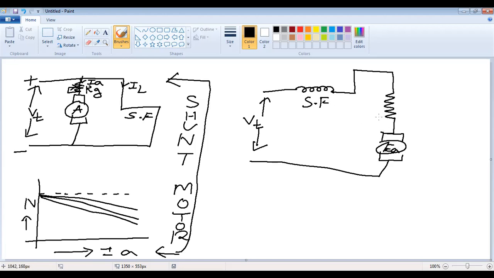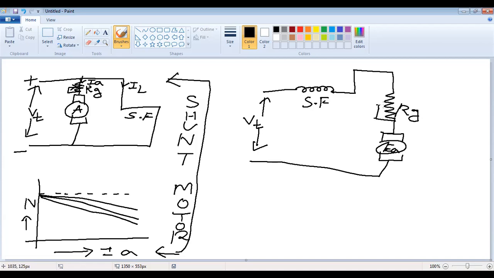When we control the speed of the DC motor using an external resistance in the armature, we connect it in series with the armature. So in the series motor, if we want to control the speed with the armature control method, then besides the field and the armature, we also connect an external resistance RG.